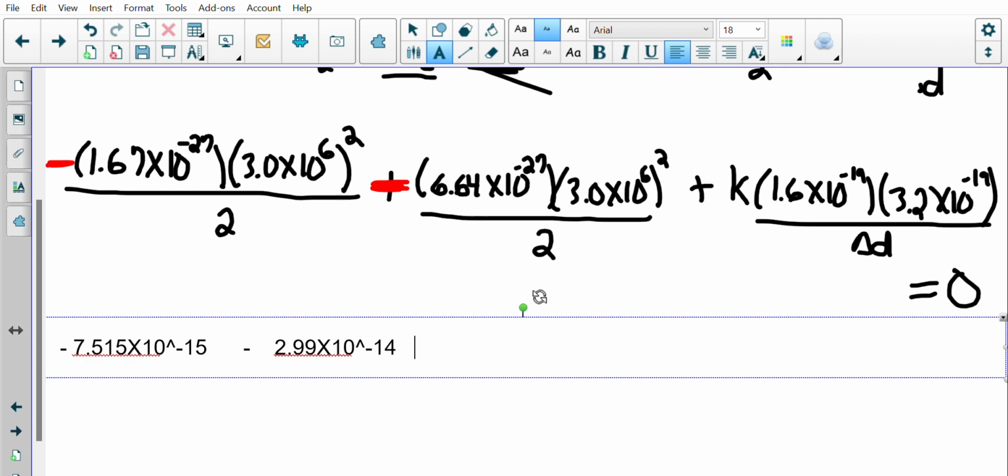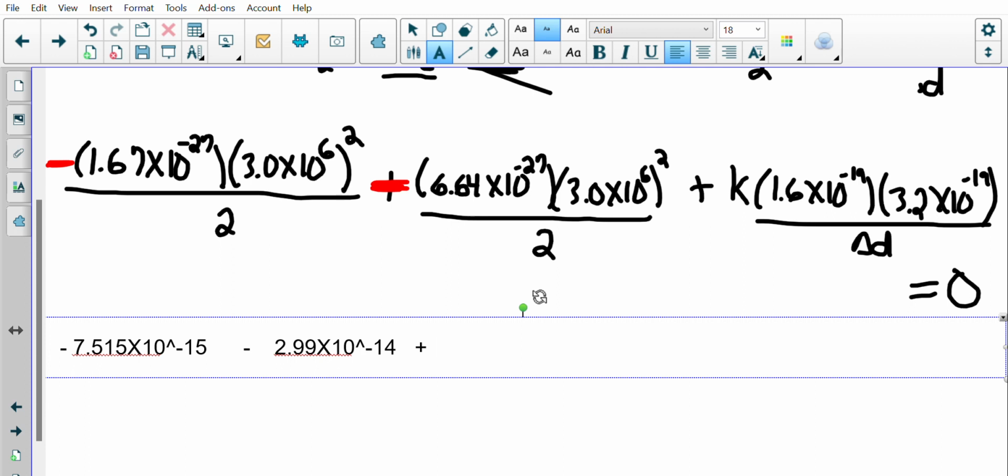All right, and then plus our K value. What was that again? I'm going to look at my formula sheet. I believe that was 8.99 times 10 to the power of 10. I just want to make sure. Oh, yeah, there it is.